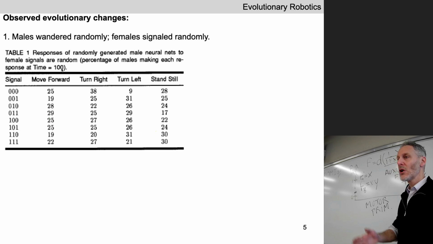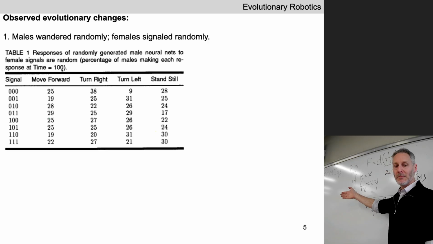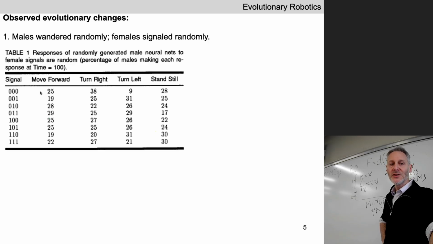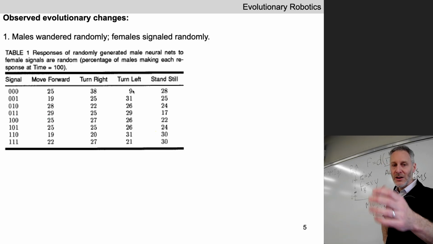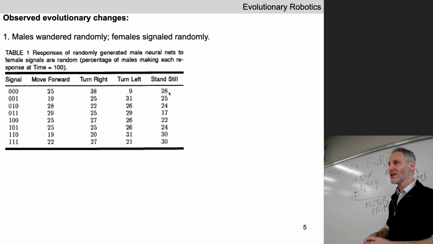Over those 100 time steps, they observed every time a male wandered into a region in which a female was emitting the 000 song, what did that male do? 25% of the time, whenever a male heard 000, it went forward. 38% of the time, it turned right. 9% of the time, the males turned to the left. 28% of the time, males stood still in the presence of this song.